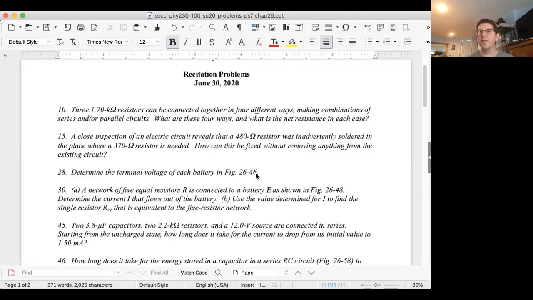So the terminal voltage of a given battery is the output voltage minus the current times the internal resistance of the battery. So you have the output voltage, and then you have to factor in the resistance of the battery itself.